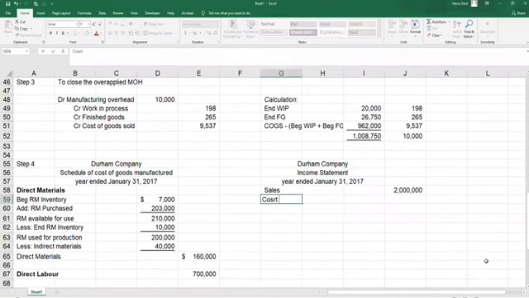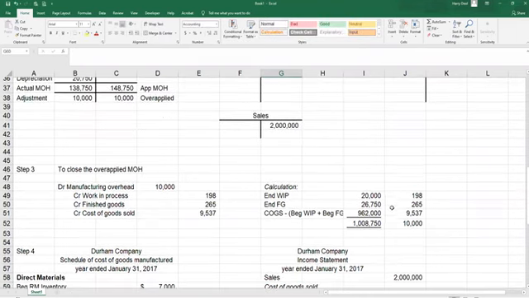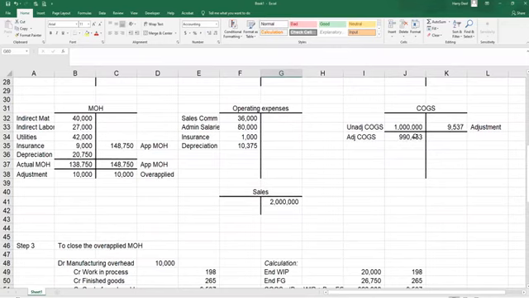Cost of goods sold. For cost of goods sold, we want to show, or rather prove, the fact that the cost of goods sold should be 990,463. We want to be able to prove it.